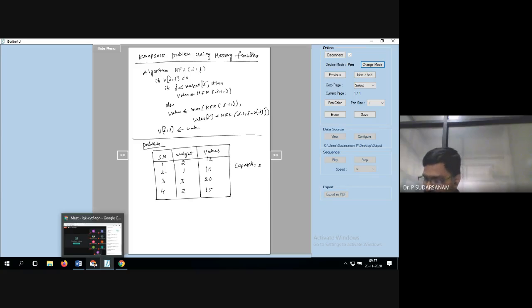Sometimes they will give it like this: weights 2, 1, 3, 2, values or profits 12, 10, 20, 15, and capacity W is equal to 5. Capital W is the capacity, small w are the weights.